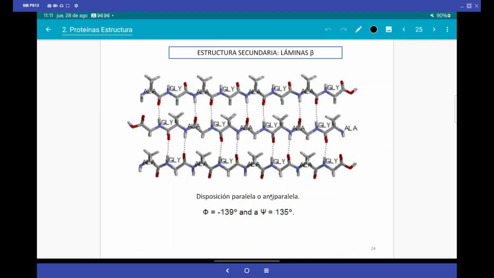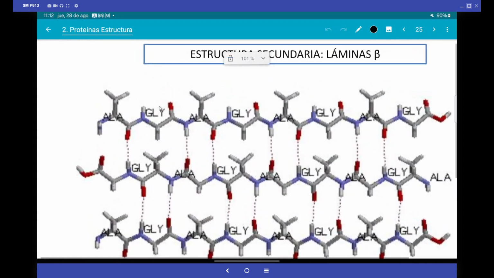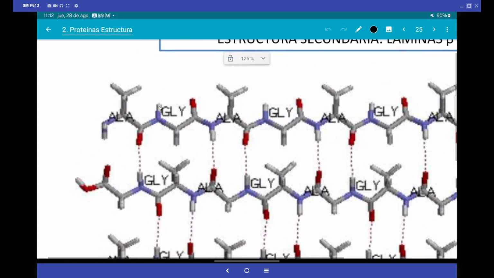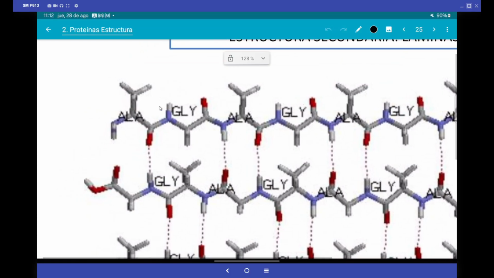Here we have the phi angles and the psi angles that are also fixed, and we see again that the hydrogen bridge pattern is between a carbon dioxide and an NH proton. Then, for example, here it says alanine. Perfect.